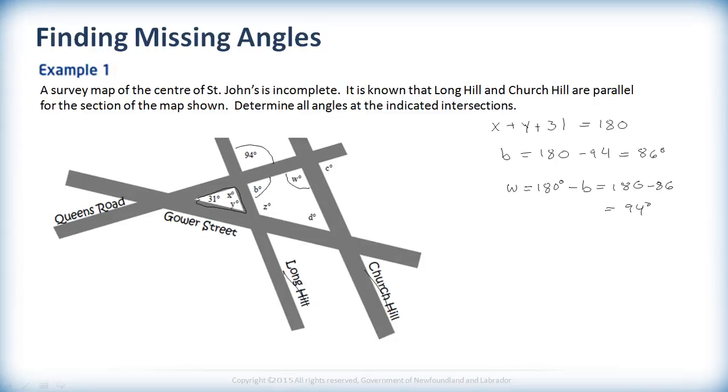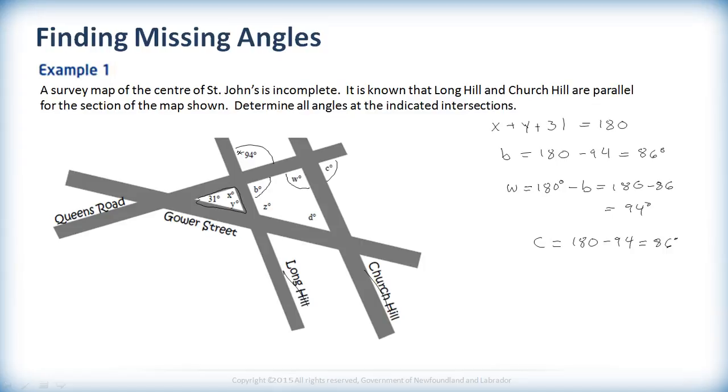And that makes sense because it's corresponding to this one over here. So now we've got W. I bet we can get angle C out of this as well. Angle C is supplementary with W, so angle C is going to have to be 180 minus 94 again, which is still going to be 86 degrees. So we're good with that one.